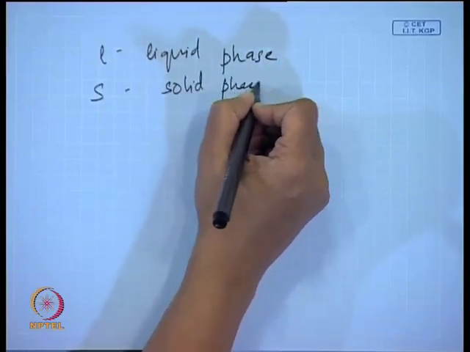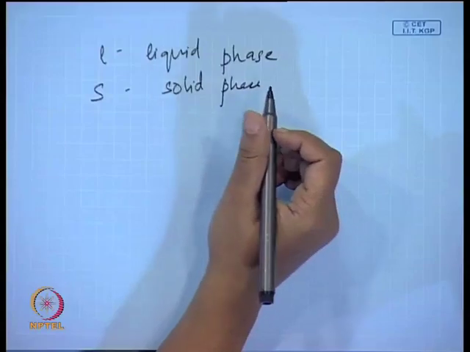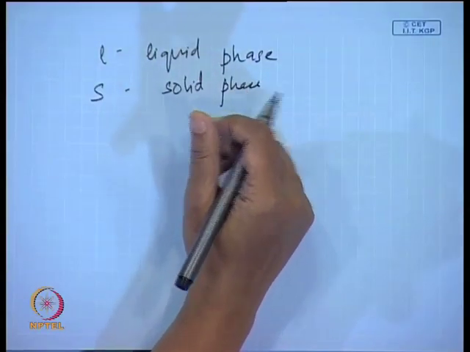So, these conventions are also used under certain circumstances, particularly when we are concerned with phase transforms, maybe vaporization, condensation, etc. Under those circumstances, instead of 1, 2, we might go for LG subscripts as well.